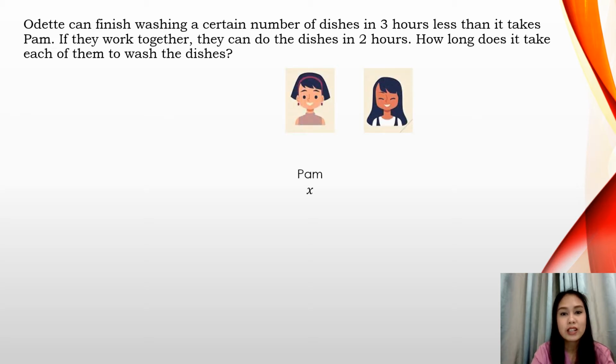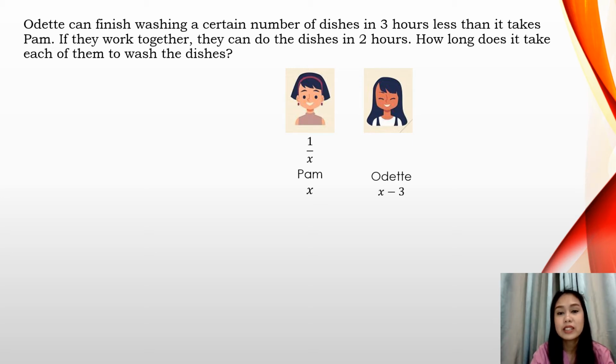Pam is not specified, how many minutes can she finish washing the dishes. It was not stated in the problem, so we can assign x as the number of minutes Pam can finish washing the dishes. So that will be represented as 1 over x.